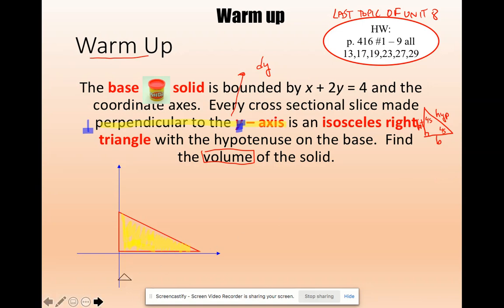Because what we're going to do is put those shapes in our Play-Doh. It's an isosceles right triangle, but the hypotenuse is on the base. Think in the Play-Doh. Each one of these triangles is pointing at the y-axis, and the hypotenuse is in the Play-Doh.